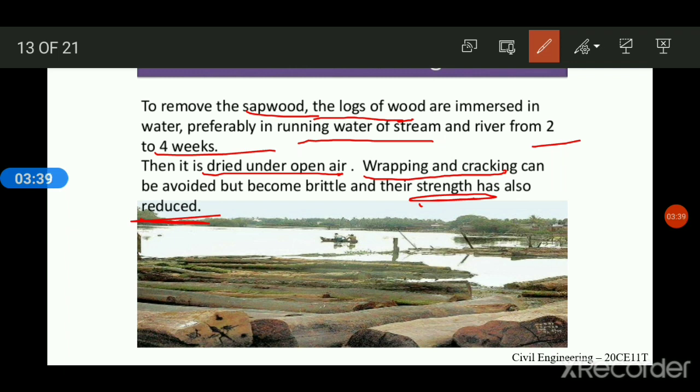So it is a very quick process, but the disadvantage is that the elastic properties, that is the strength of the wood, will be reduced.